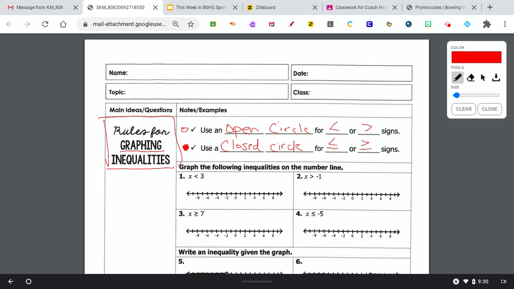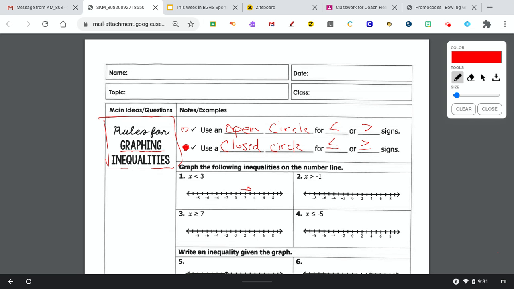Like if we were to graph number one, x is less than 3. I would go to 3, and it's right here, and I put an open circle, because that symbol means my circle is open. And then when the variable is on the left, I can go in the way that it's pointing.